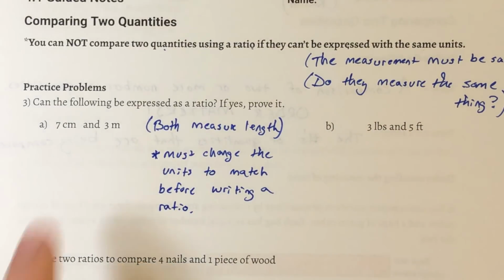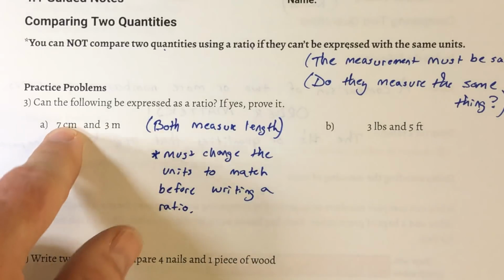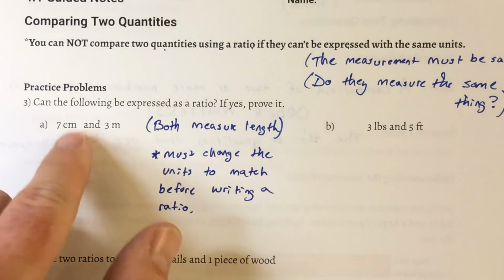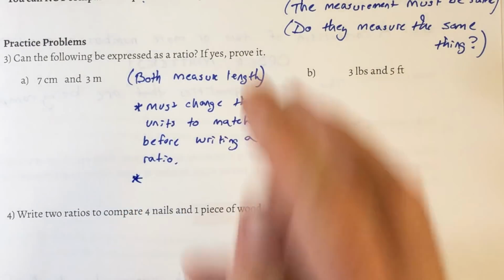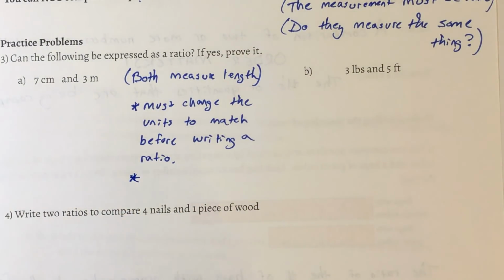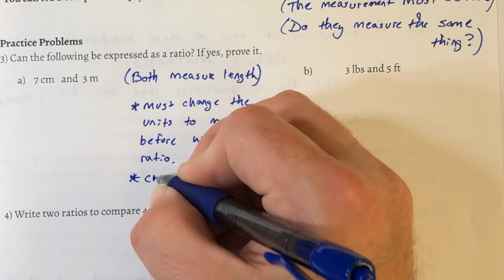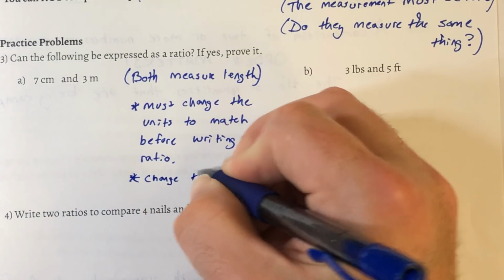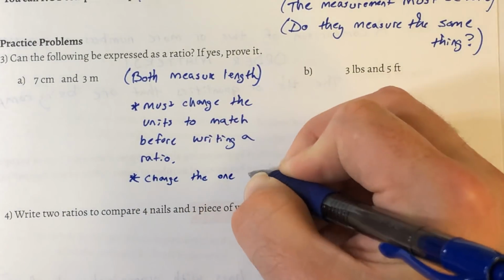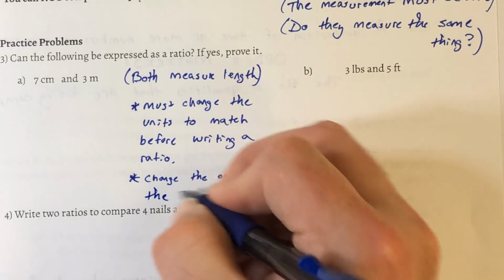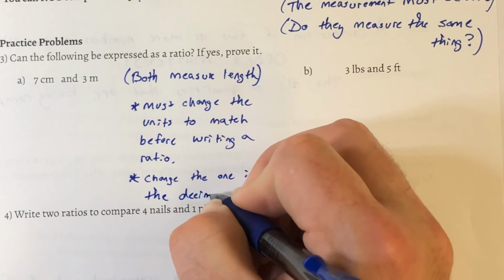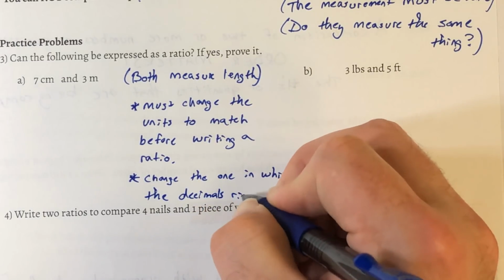Now, how do you know which one to change? Should we change 7 centimeters to meters or 3 meters to centimeters? Well, all you need to do is change the one in which the decimal moves right.